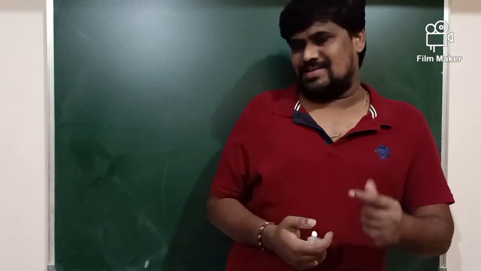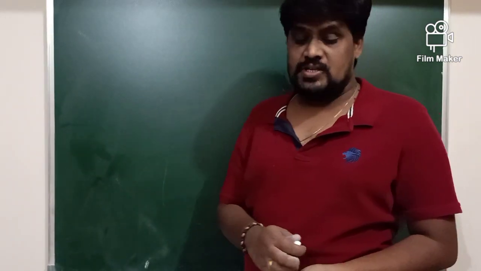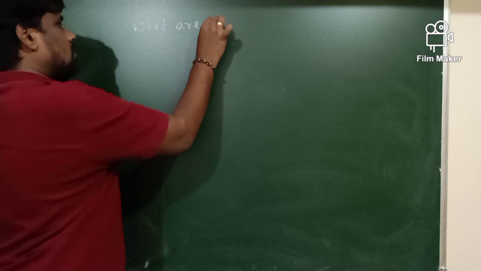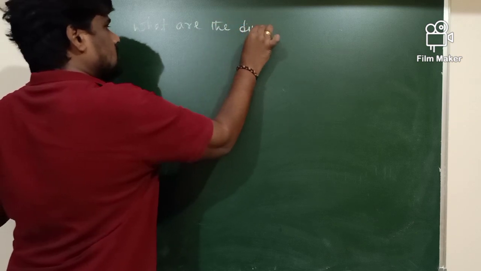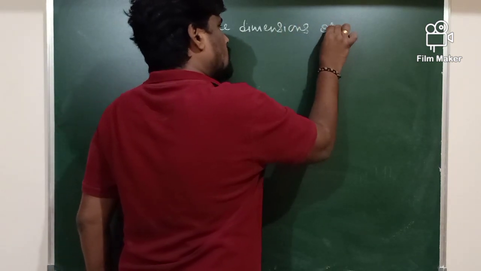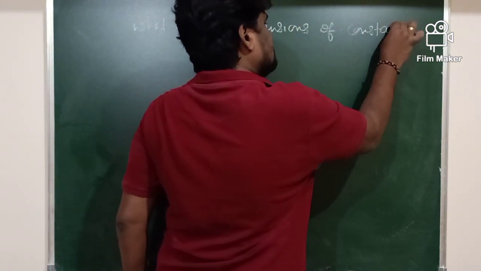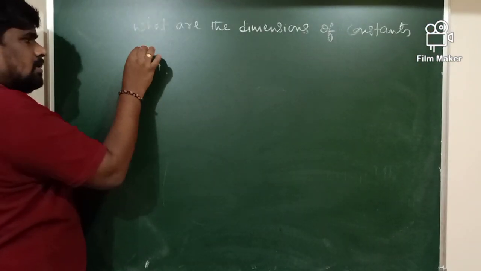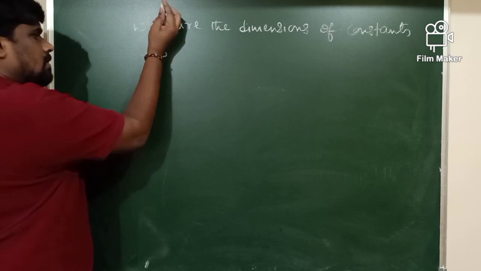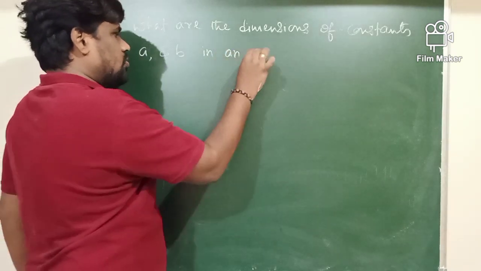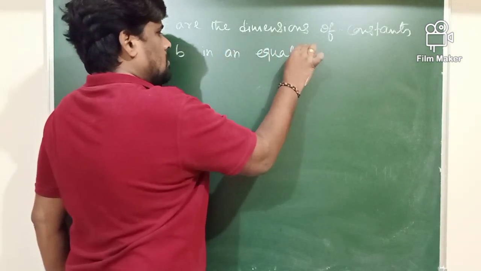So I have one example here. Based on the principle of homogeneity, what are the dimensions of constants A and B in an equation?